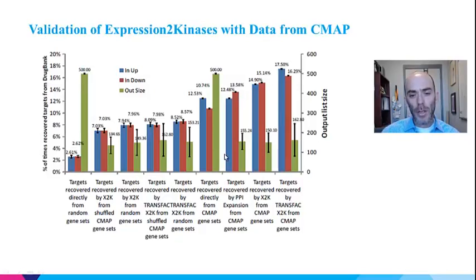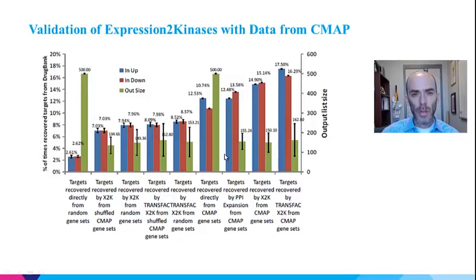What a lot of people are doing is they take the sets of differentially expressed genes and they build protein-protein interactions that connect the mRNAs. So this is a typical exercise trying to identify pathways by connecting the mRNAs of the differentially expressed genes. And this actually works to a certain limitation, and you can see that when we take the mRNAs and feed them into Genes2Networks, you will find the drug targets 12.5% of the time when you create a protein-protein interaction network directly from the upregulated genes, and 13.58% when you create a protein-protein interaction network from the downregulated genes.